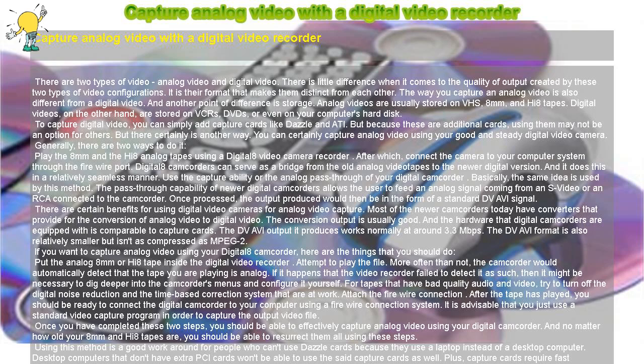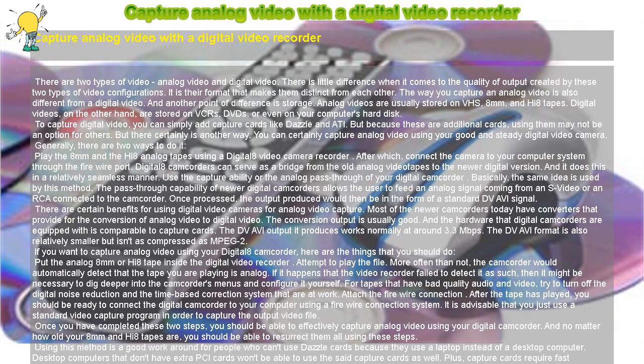After the tape has played, you should be ready to connect the digital camcorder to your computer using a FireWire connection system. It is advisable that you just use a standard video capture program in order to capture the output video file.